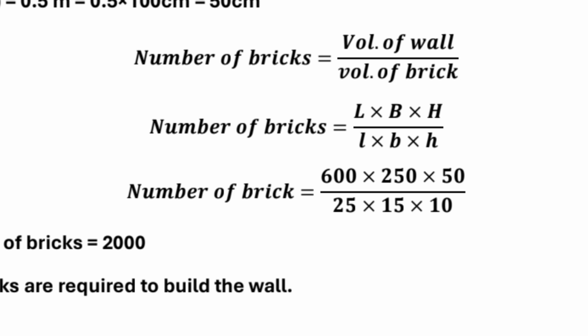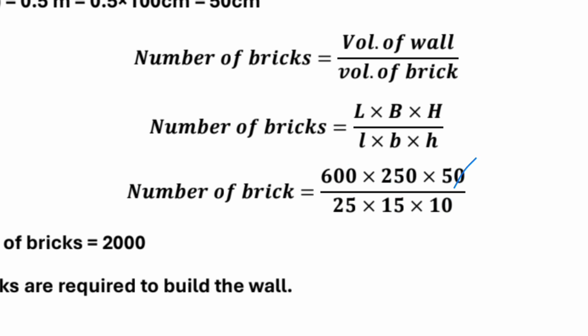Now here we put values of capital L, capital B, capital H. Look here, number of bricks is equal to 600 into 250 into 50 upon 25 into 15 into 10. This way we put values. Now we divide.